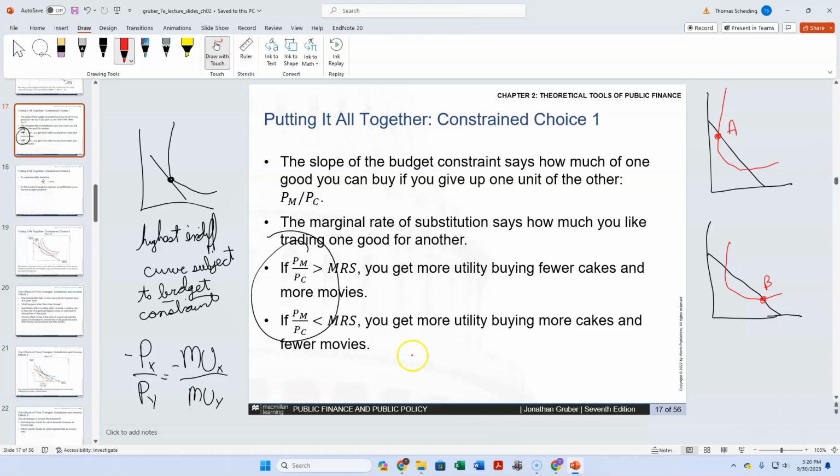That would be obvious, right? Because we could draw another parallel indifference curve that's further from the origin. But there's another thing that we can say that's going on. Over here at point A, if we eyeball the slopes here, this would reveal that the marginal rate of substitution at point A is greater than the price ratio because it's steeper, right? If I were to draw a line of tangency, it's steeper than the price ratio.